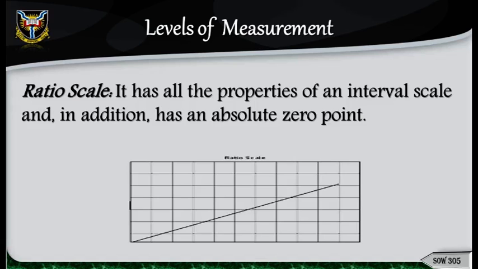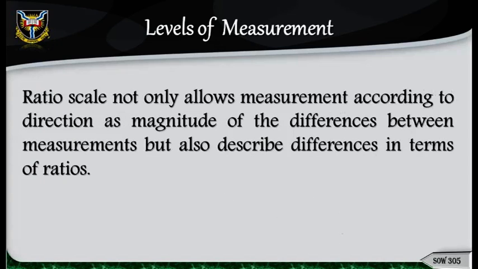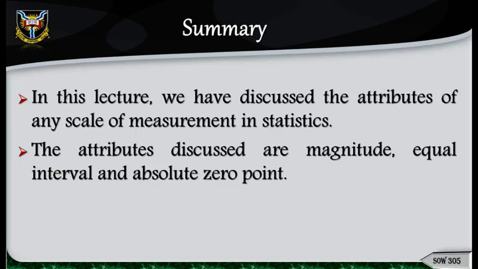For example, plus, minus, multiplication, division. Ratio scale not only allows measurement according to direction as magnitude of the differences between measurements, but also describes differences in terms of ratios.